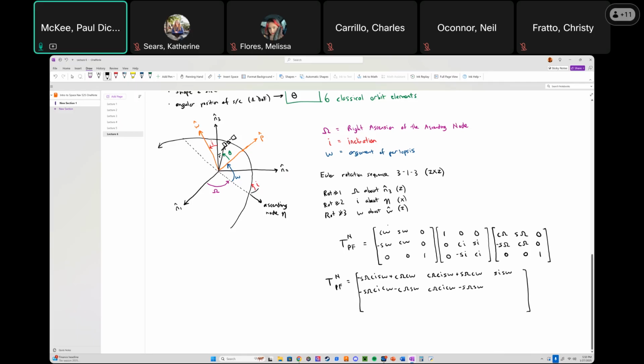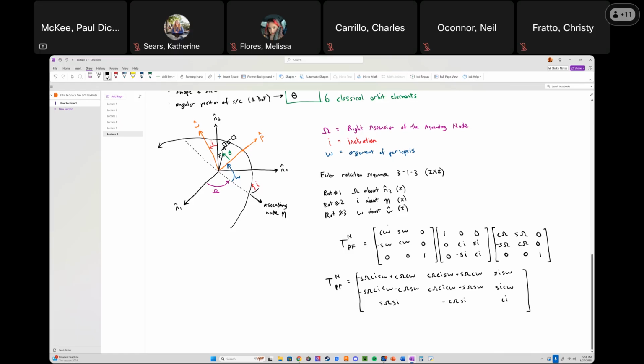And then mercifully, we have a simple one, sine of I, cosine of omega. And then the bottom's not so bad. Sine of capital omega, sine of I, negative cosine of omega, sine of I, and then the bottom right is the easiest one of all. It's just the cosine of the inclination.